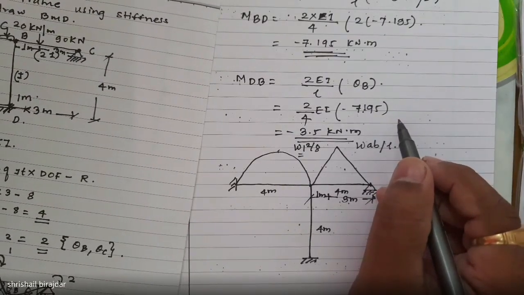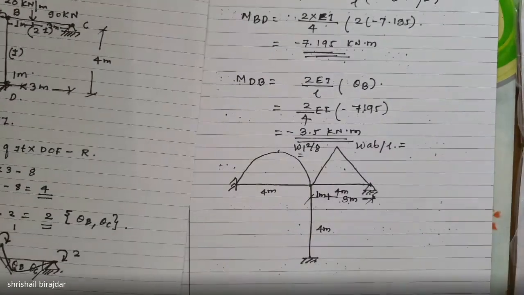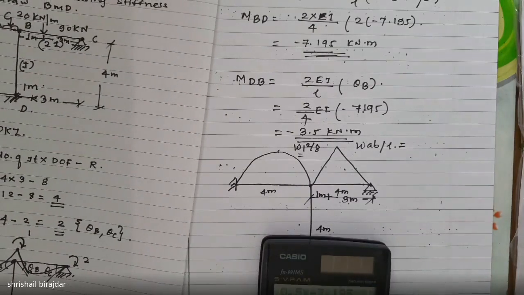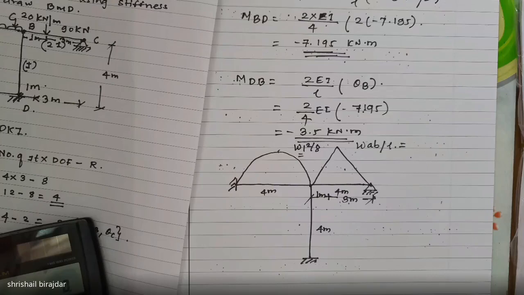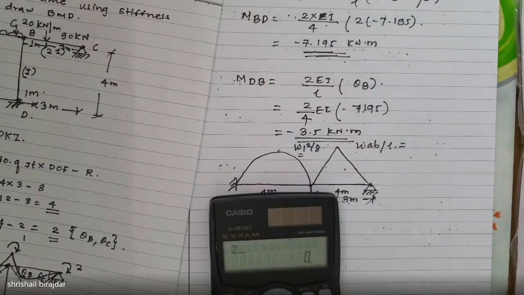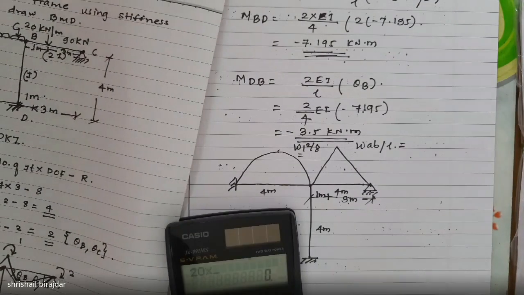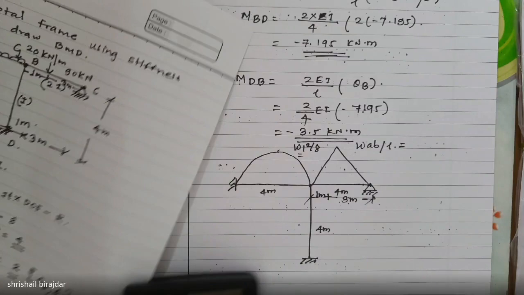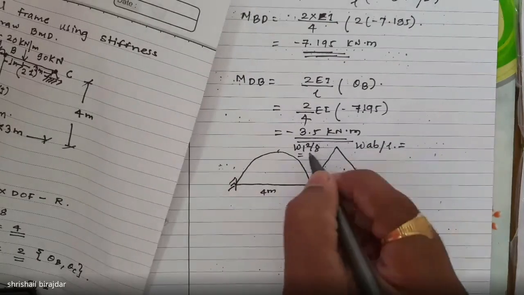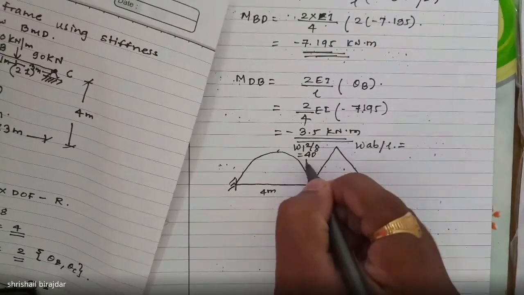First of all, find out this particular UDL moment, the maximum bending moment, which occurs exactly at the center. W L square by 8: 20 multiplied by 4 square divided by 8. It works out to be 40 kilonewton meter.